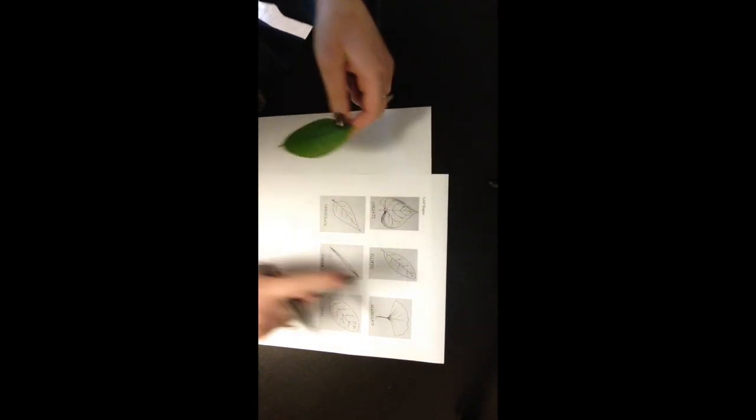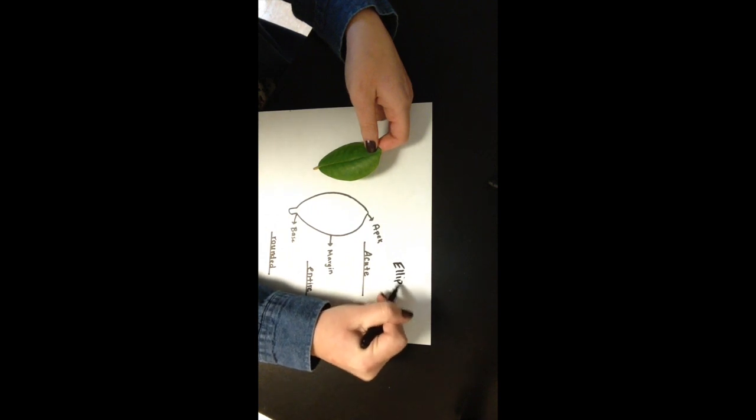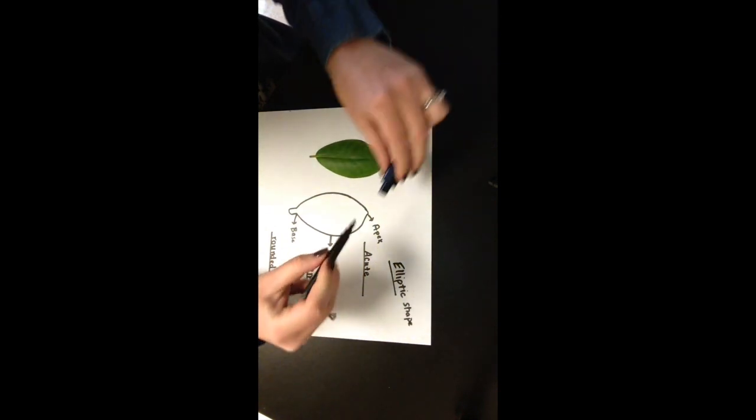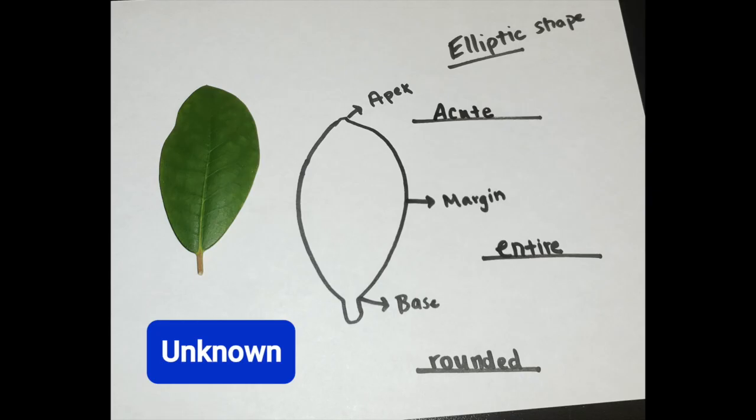I'm going to determine it is an elliptic shape because it is not oval, it's not the same width all the way around, it's more elliptic. Once again, here is the unknown specimen with the determined identification of the apex, margin, base, and the shape. Please take the time to pause or to consider or even just come up with a really good argument for why this is stupid.